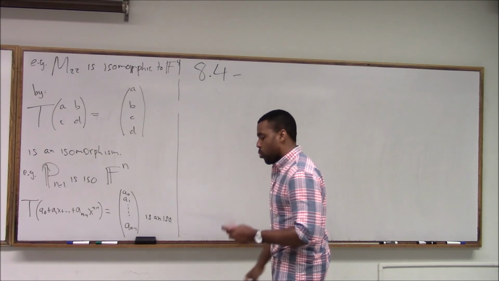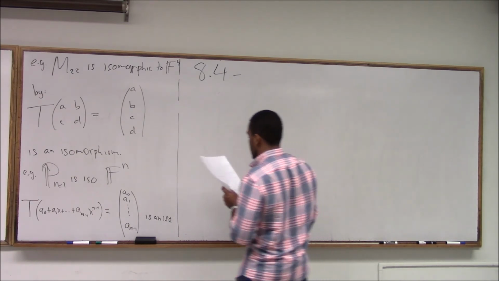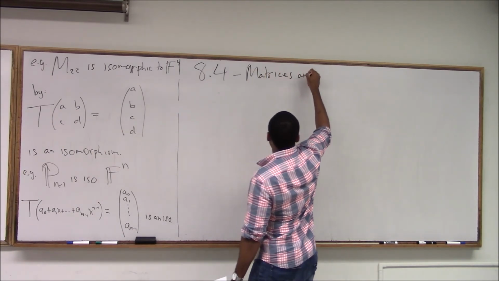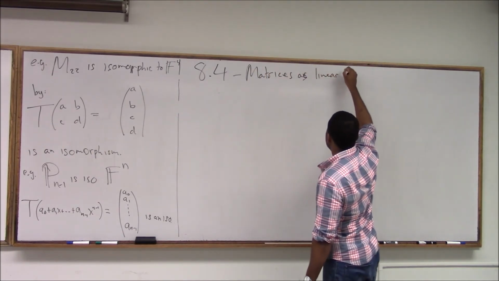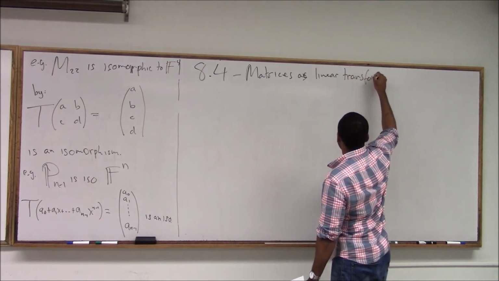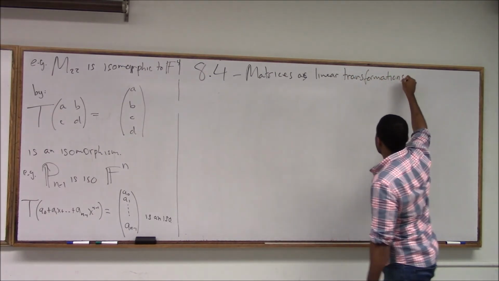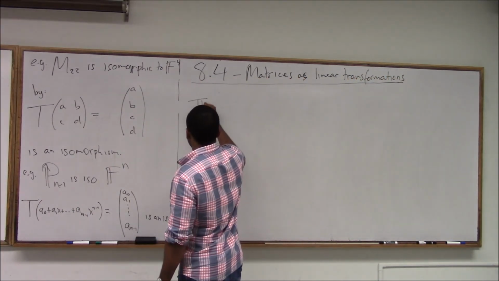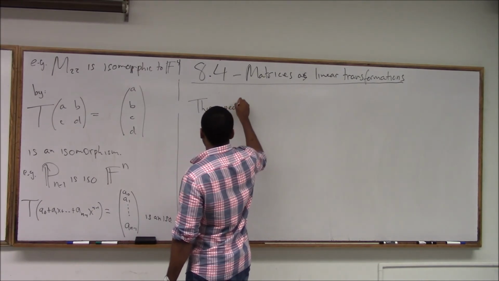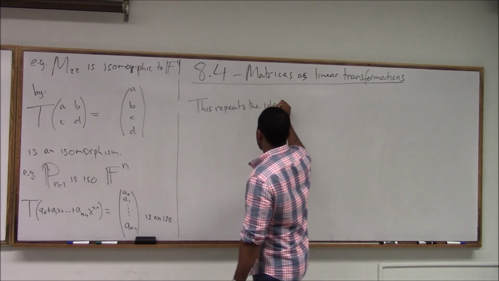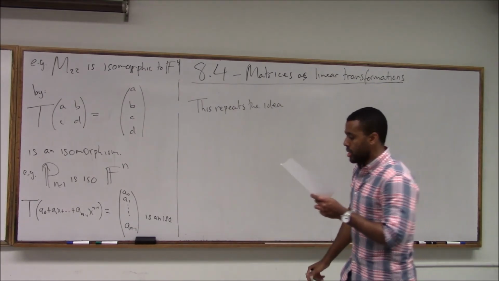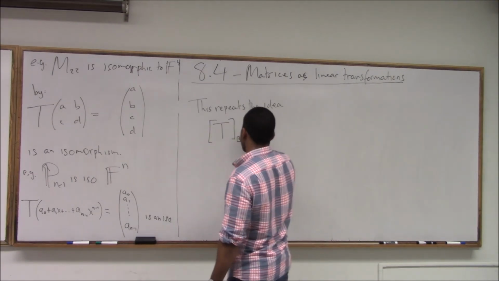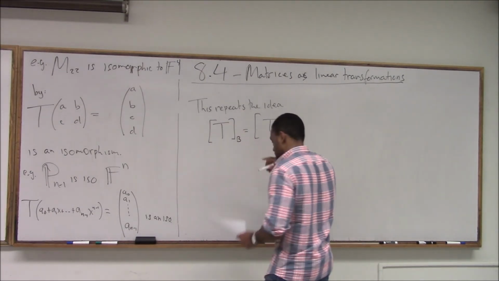And so there's one thing I want to take from 8.4. This talks about matrices as linear transformations. This repeats the idea that I can represent a matrix that represents a linear transformation as just looking at what it does to the basis vectors.